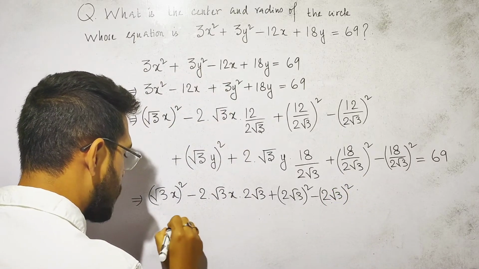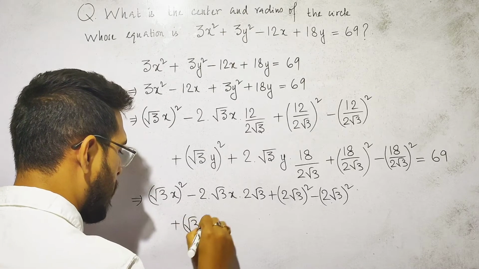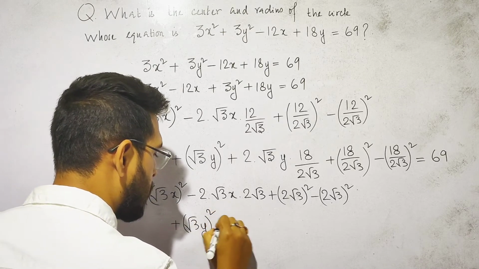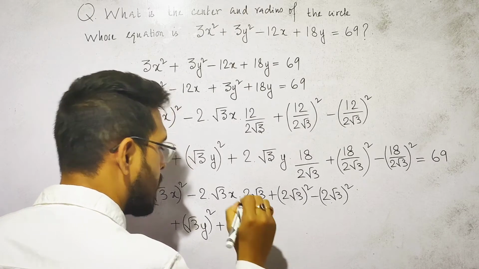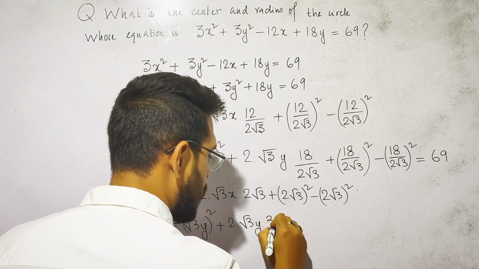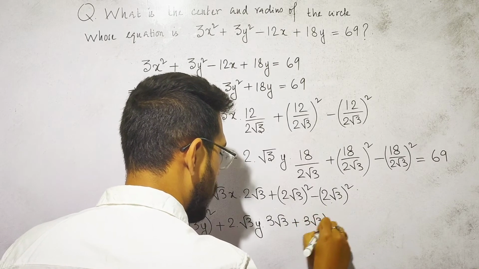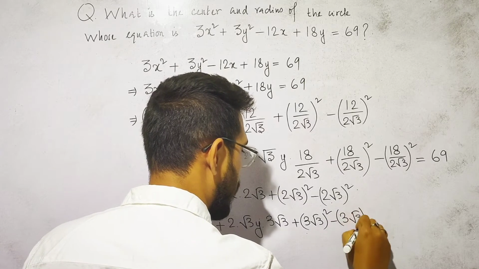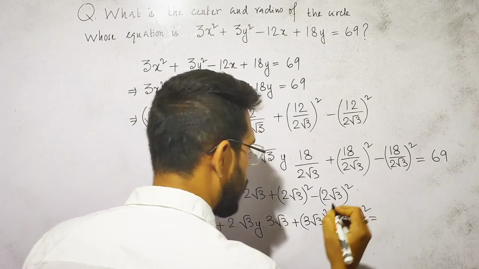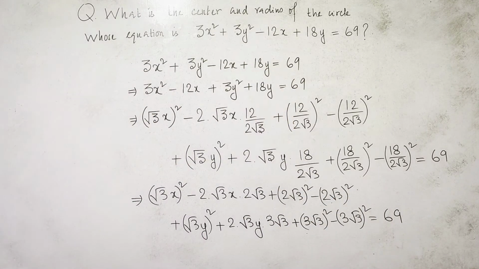Now again plus, this time with this, square root of 3y whole square plus 2 times square root of 3y times 3 root 3, plus 3 root 3 whole square minus 3 root 3 whole square, and all of them are equal to 69. I hope this is clear to you how we have done.